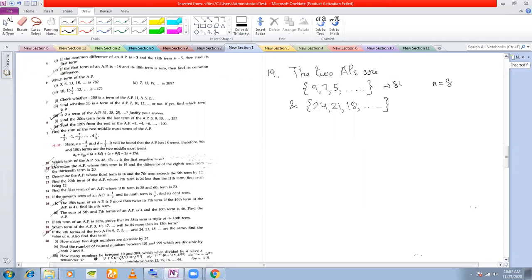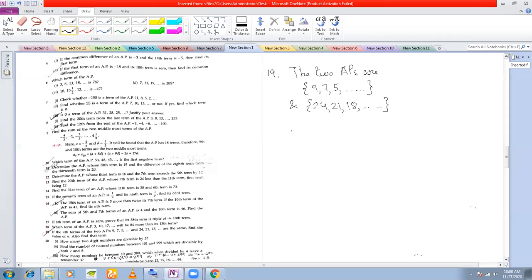That means the 8th term of this AP and the 8th term of this AP are equal. Understood? So you have to find such a value of n that the nth term of these two APs are equal. Also find that term.